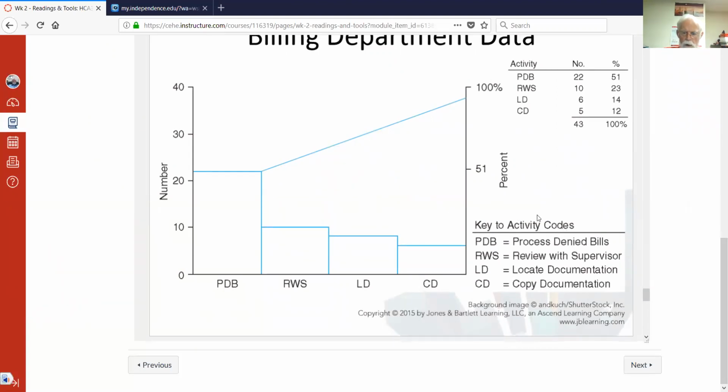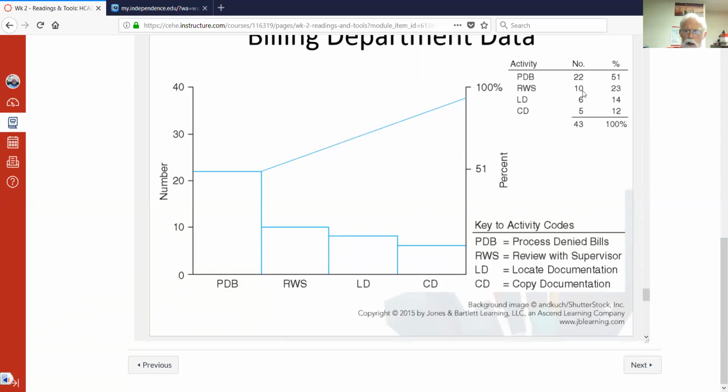We're looking at processing denied bills. That's 51% of the activity in our billing department. So how can we reduce the number of denied bills? Then there's review with supervisor. This is a snapshot of what's going on at any one time, so 10 of them are at review.